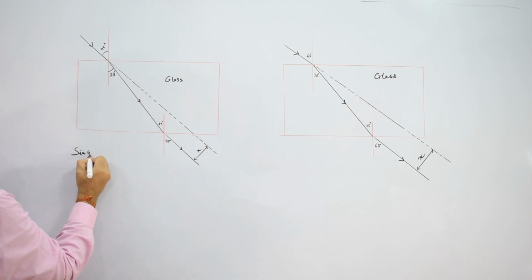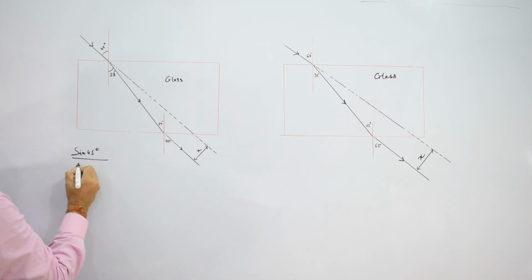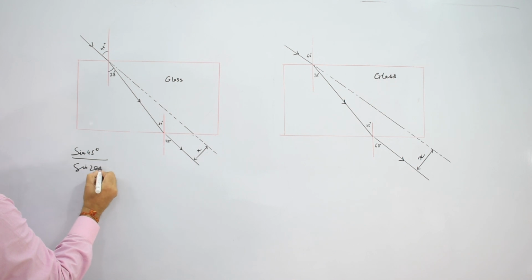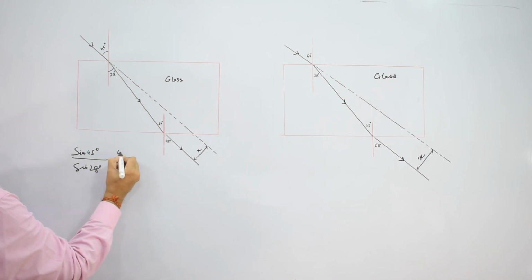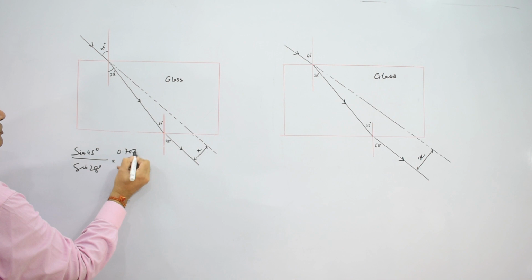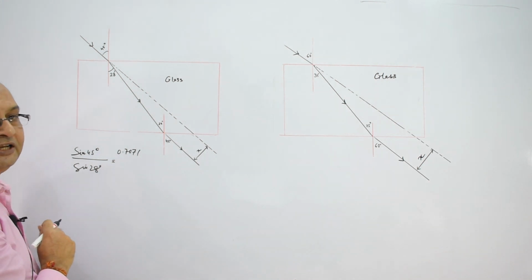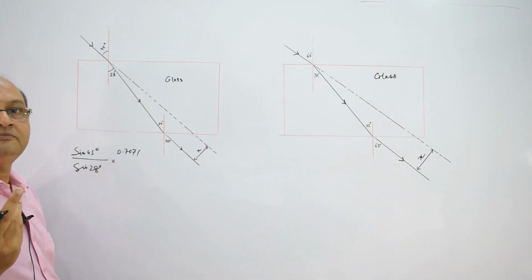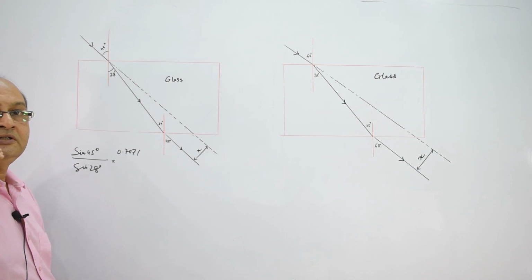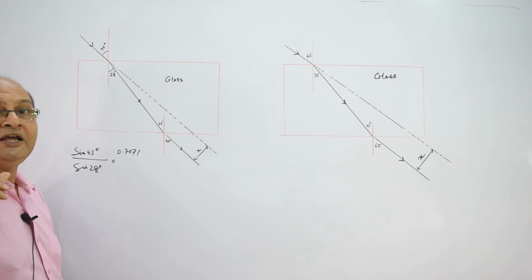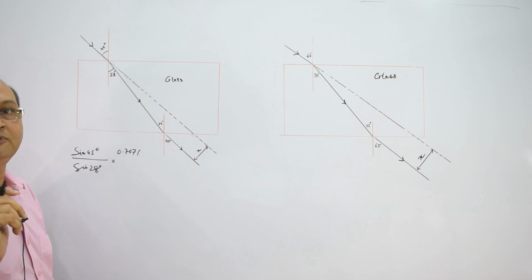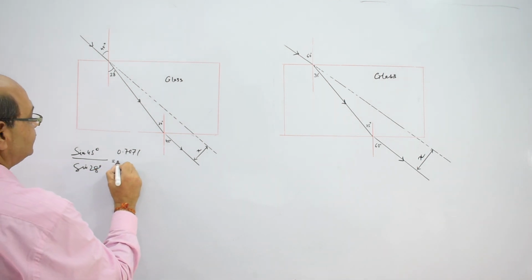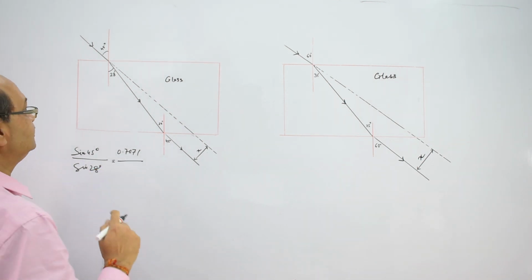Here we have sine 45 degrees upon sine 28 degrees, which is 0.701 upon 0.4693. You may be thinking how I got this value. You can take it from the natural sine table which you may have at the back of your maths book.